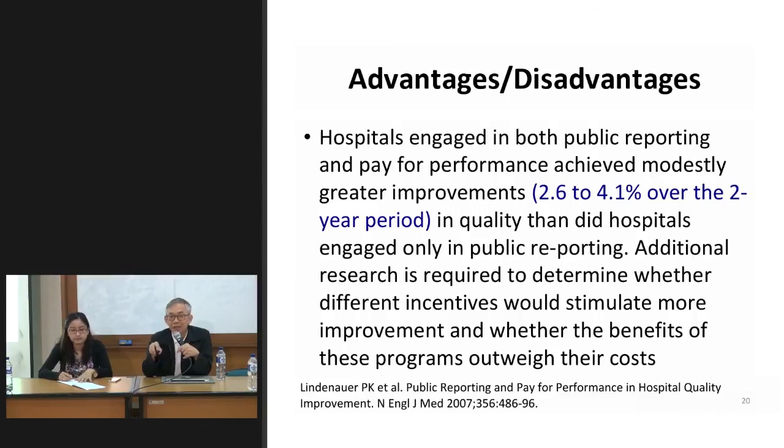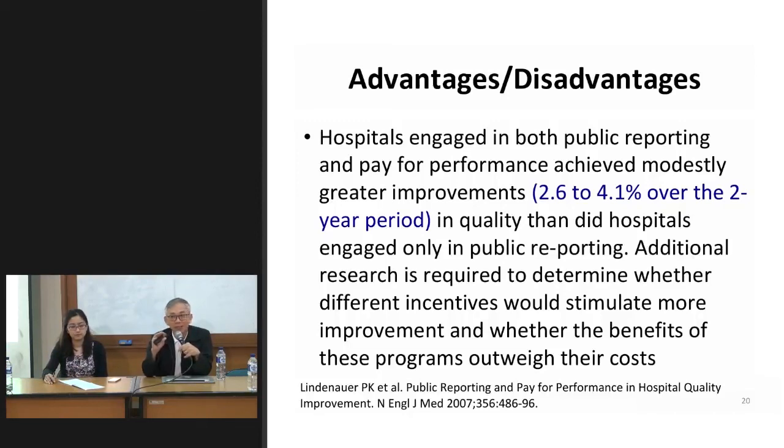They compared the intervention group, which is the hospitals that had public reporting and P4P. Public reporting was a trend almost more than 10 years ago, that the public should know what had happened in the hospital, or more or less that the quality evaluation of the hospital should be known to the public.